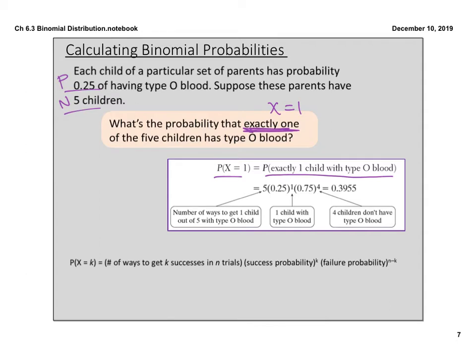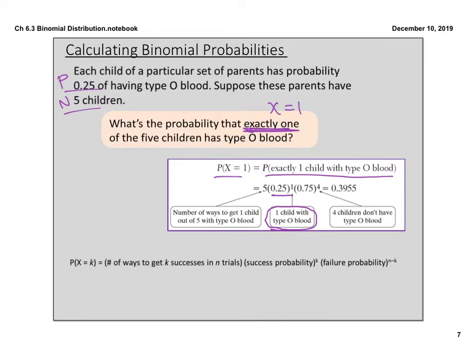All right, so here's where life gets kind of funny. You have to factor in 3 different pieces. 2 of the pieces make a lot of sense. The third piece is kind of a struggle for some people, but let's just talk about this second and third piece. This second piece is the probability that 1 child has type O blood, and that is 0.25 raised to the first power.